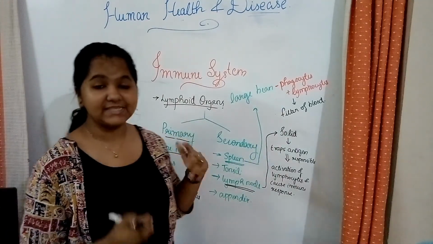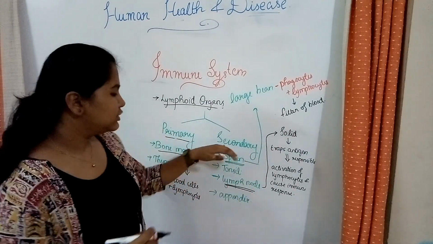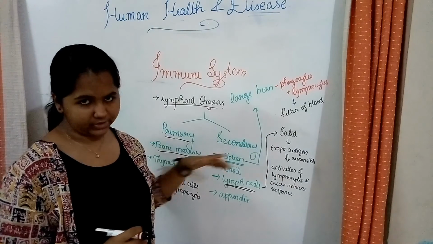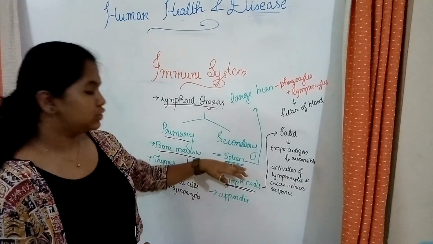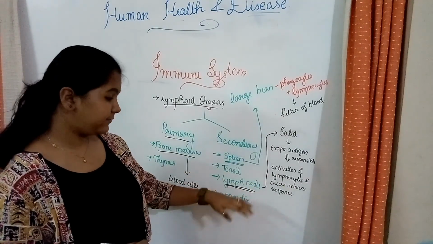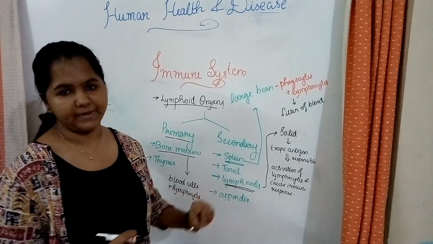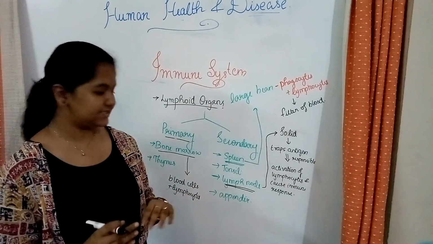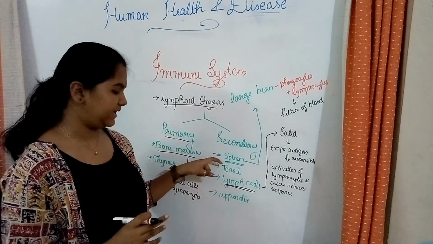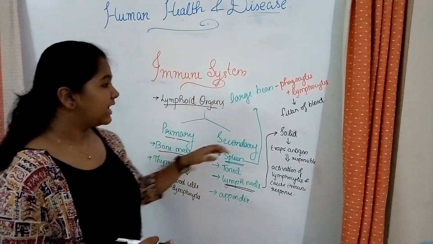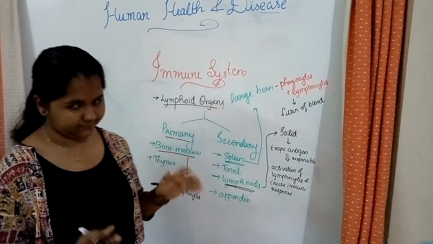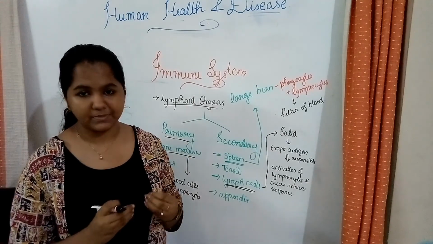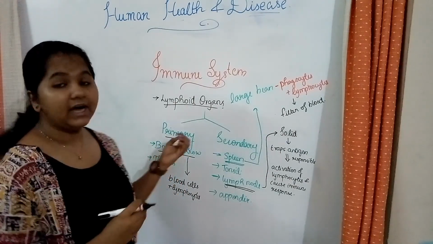So now let's see some of the secondary lymphoid organs. There are actually more than this, but we are discussing these: spleen, tonsil, lymph nodes, and the appendix. Over here we will be discussing in detail the spleen and the lymph nodes. In the secondary lymphoid organs, there is interaction between the antigen and the lymphocyte.